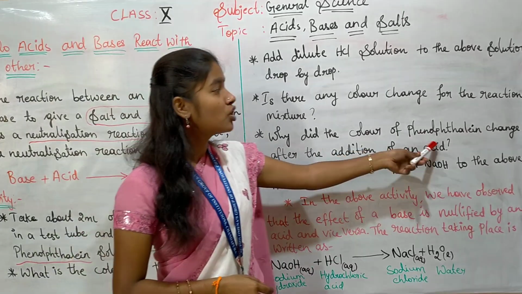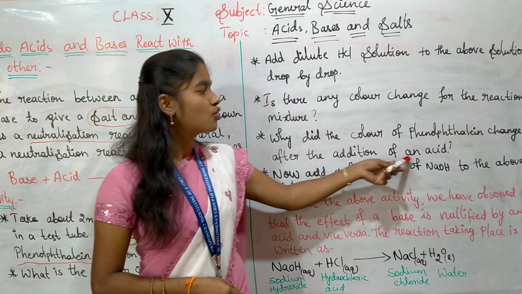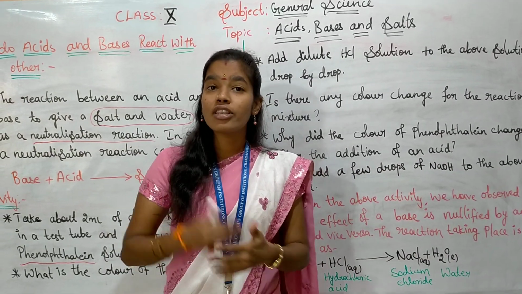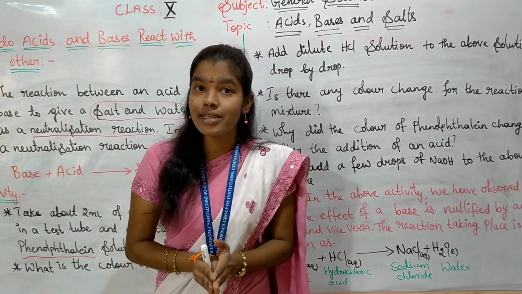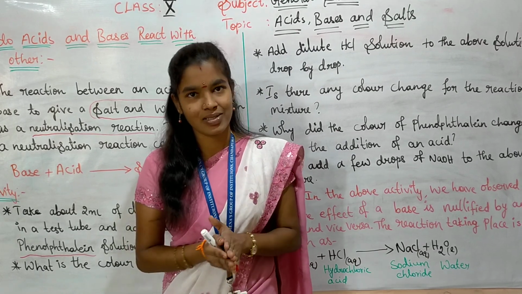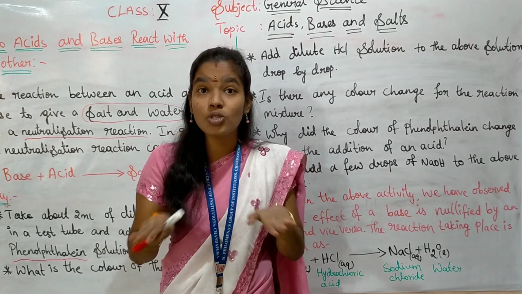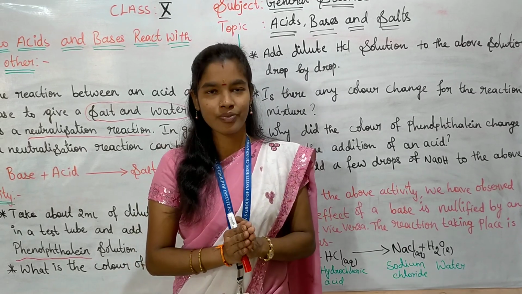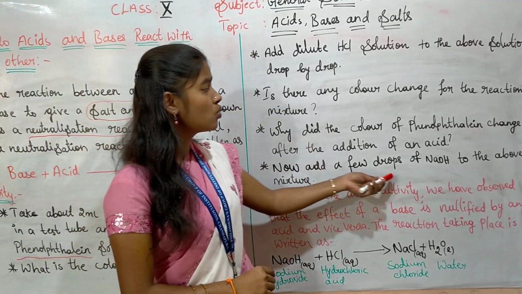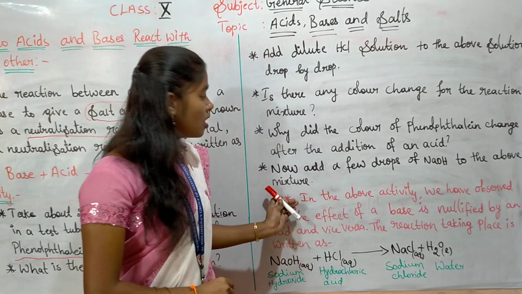Why did the color of phenolphthalein change after the addition of an acid? Because the solution is neutralized. Phenolphthalein gives a colorless appearance in neutral solution. Now add a few drops of NaOH to the above mixture.